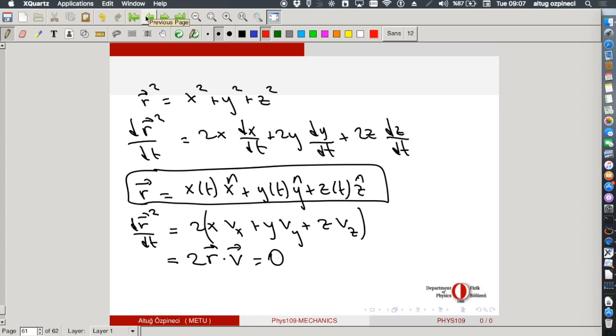I didn't really specify what is x, y, and z, but I can just choose any set of x, y, and z directions. And using those axes, I should tell you these 3 numbers to find the position of my mass. Those are what I call the x, y, and z components of the position. So this is why I write it in this form.